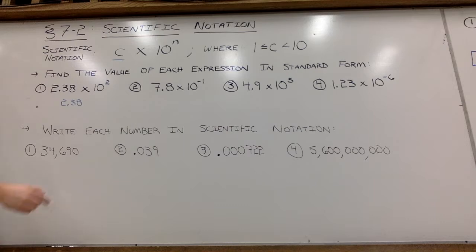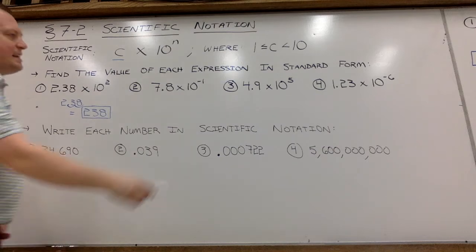So let's practice a little bit here. I've got 2.38 times 10 squared. That tells me I'm going to go to my decimal place and move 2 units to the right. Wow, not so bad. So 2.38 times 10 to the second is just 238.